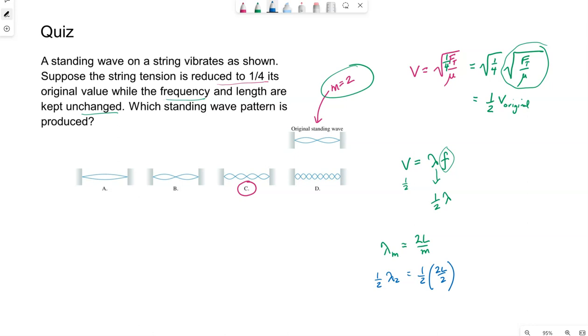So our new wavelength, we now have to say is 2L over 4. So m has to be 4, the fourth harmonic, if we cut the tension down to 1/4 of its original value. And so C is the option that has the fourth harmonic. It has the 4 antinodes.